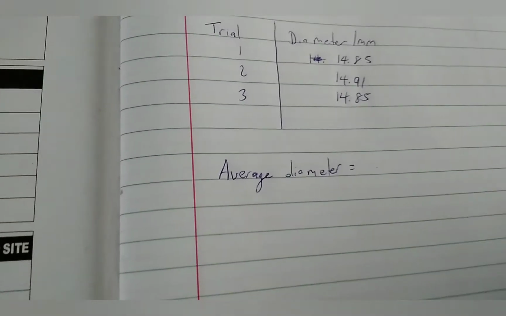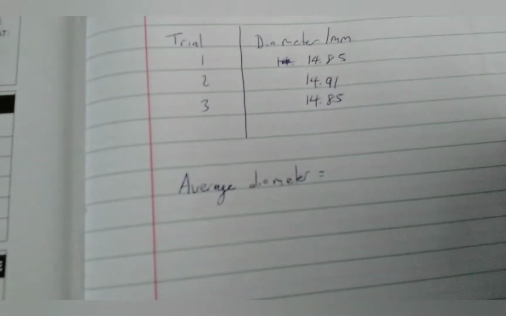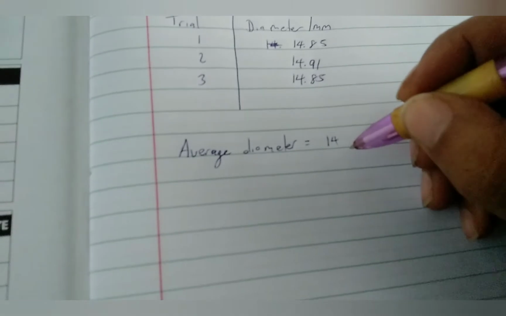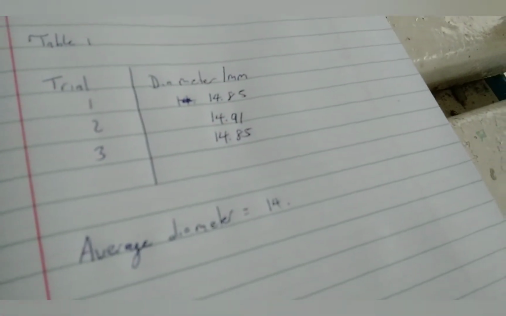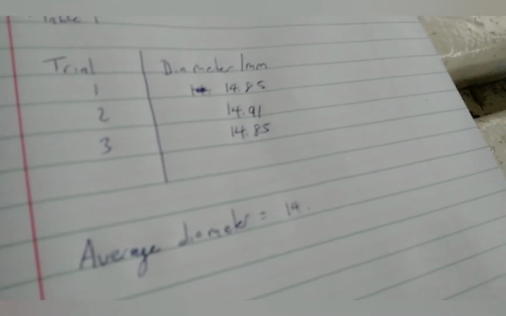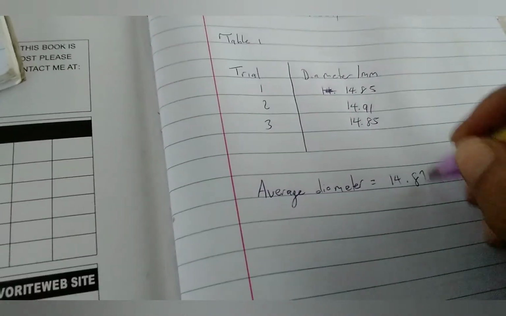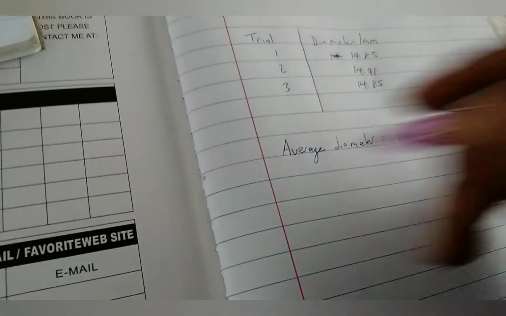We found the average of the diameter of the coins to be 14.87 millimeters.